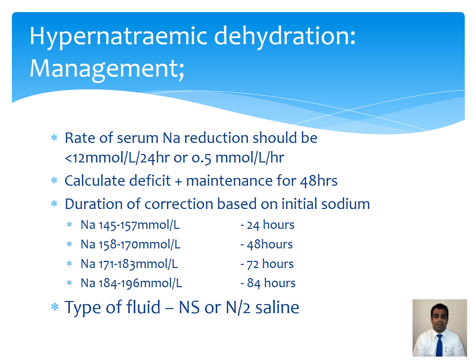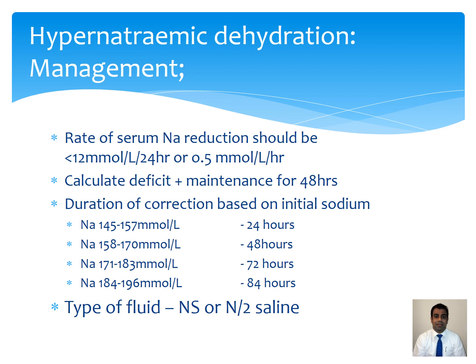This is extremely important. So what you do is you calculate the deficit and maintenance for 48 hours, and you replace the fluid depending on the duration of correction, which would depend on the degree of hypernatremia.